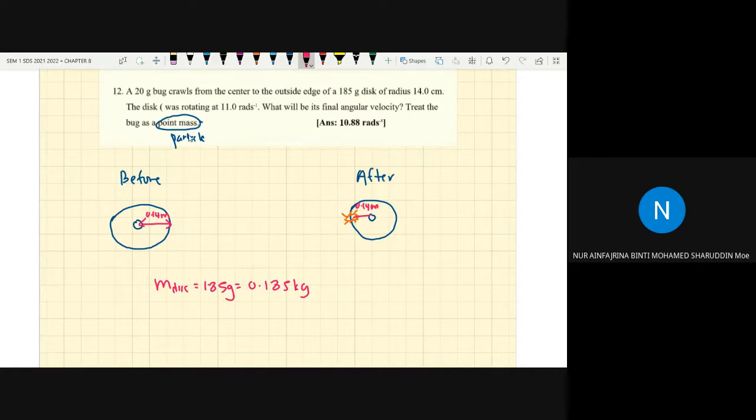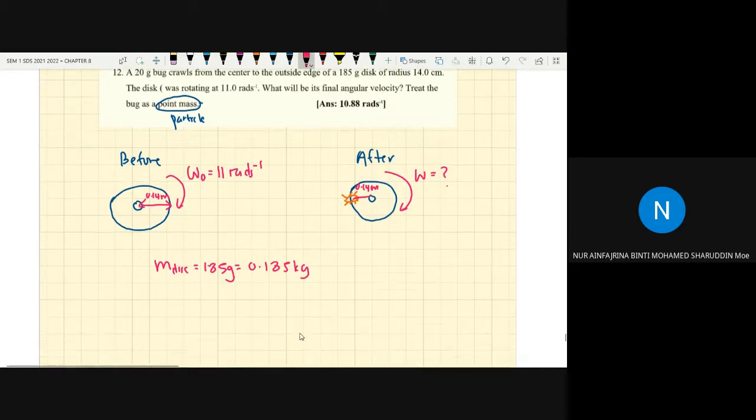The disc was rotating at 11 radian per second, so initially its initial angular velocity is 11 radian per second. What will happen after the bug crawls to the edge of the disc, what is the final angular velocity? Treat the bug as a point mass.